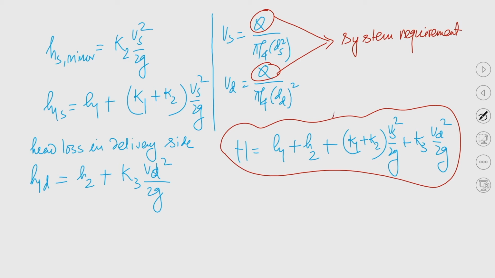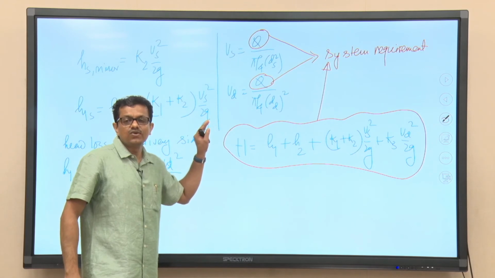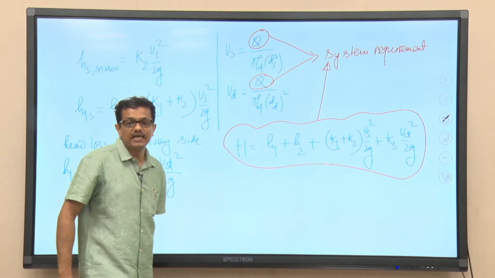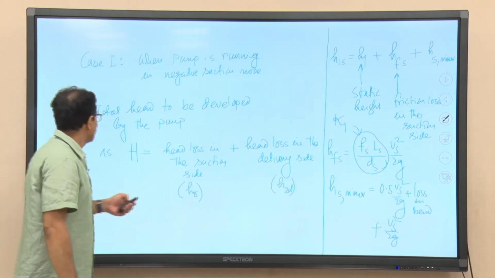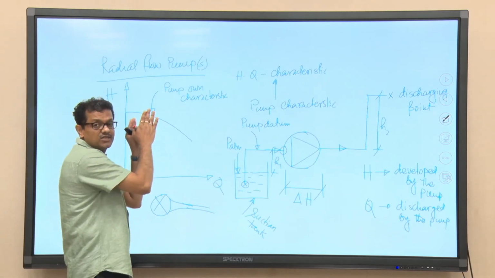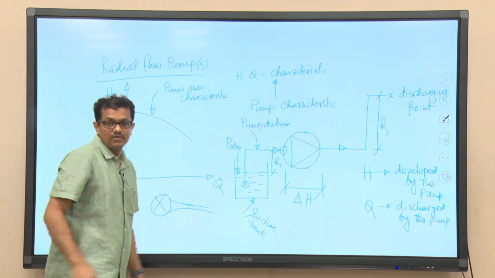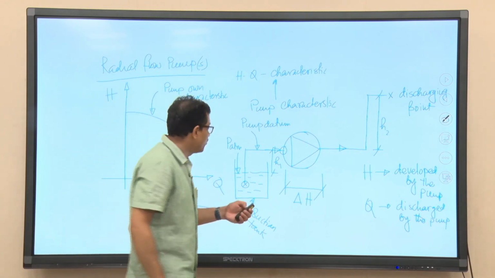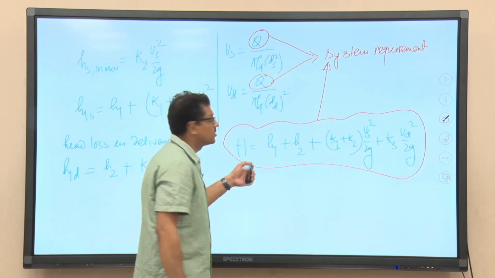This H is also the system requirement. Knowing these two quantities, Q and H, if they are given to the pump designer, he or she will design the pump and provide the H-Q curve. What we need to do next? We need to know the system resistance.